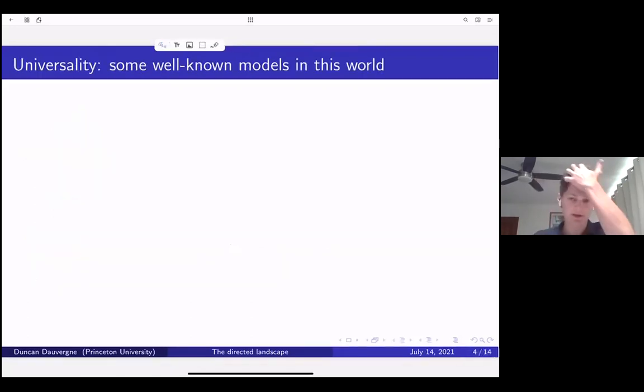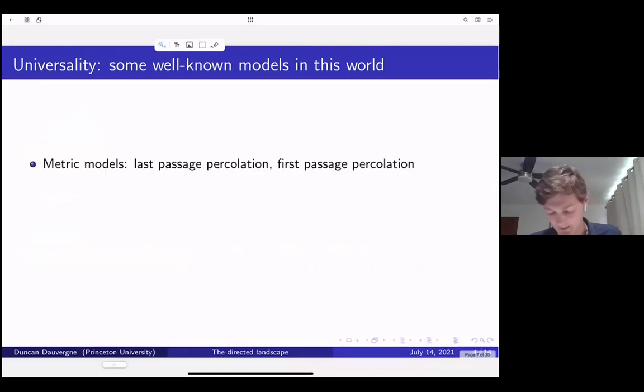Just to mention some other well-known models in this world: we're working in the KPZ universality class, and I'm going to focus on metric models, first passage percolation, like I just spoke about, and last passage percolation, which I'll talk about in a bit.